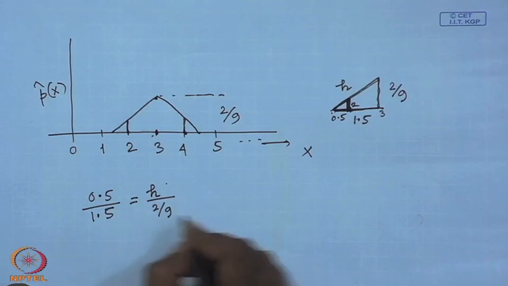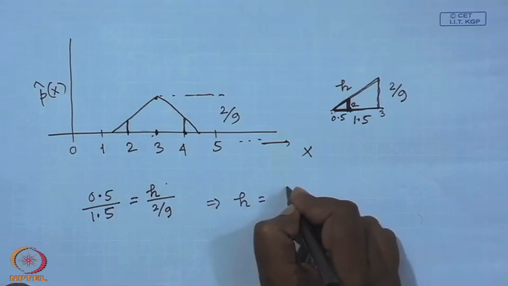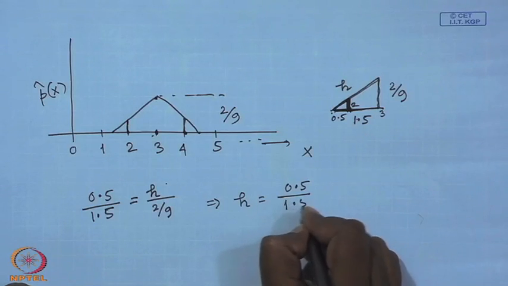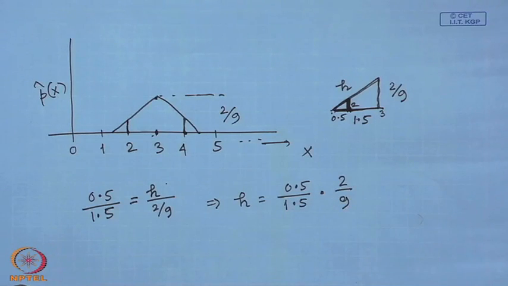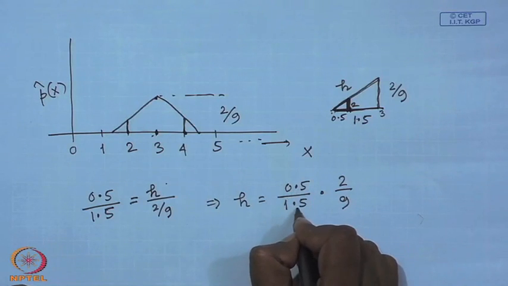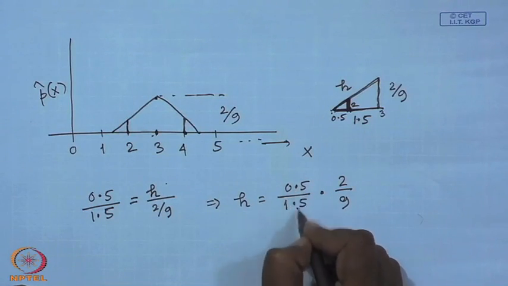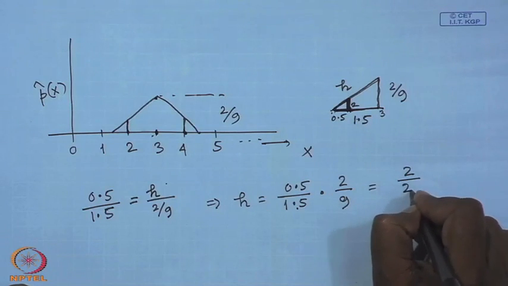So, h will be equal to 0.5 upon 1.5 into 2 by 9, and 0.5 upon 1.5 is nothing but 1/3. So, this will be equal to 2 by 27.